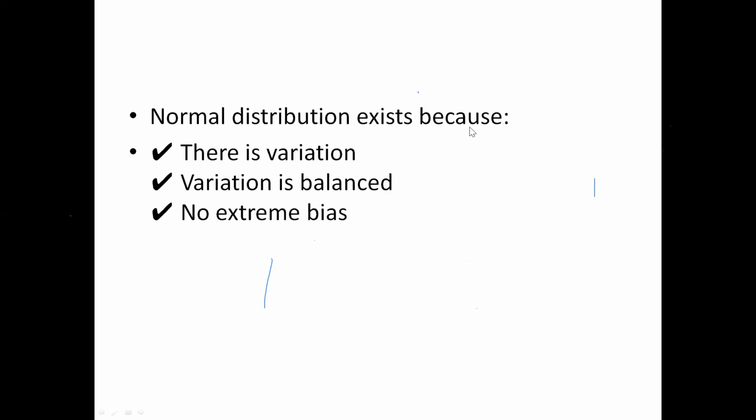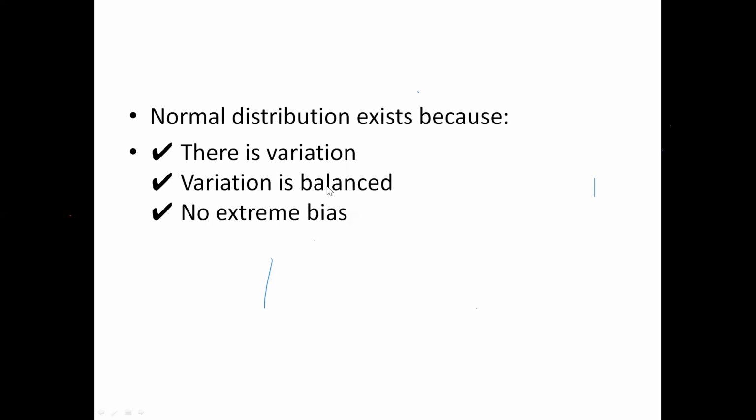Normal distribution exists because there is variation. Every individual will not have the same height. There will be variation, but in a limited range. The frequency for the average person will be more in your population, and the rare persons will be very few. The variation is balanced.